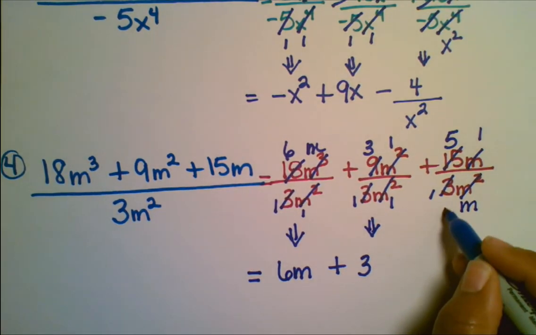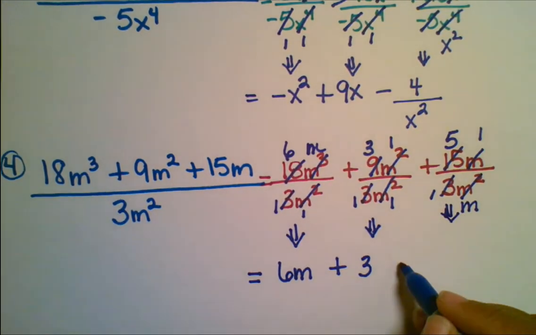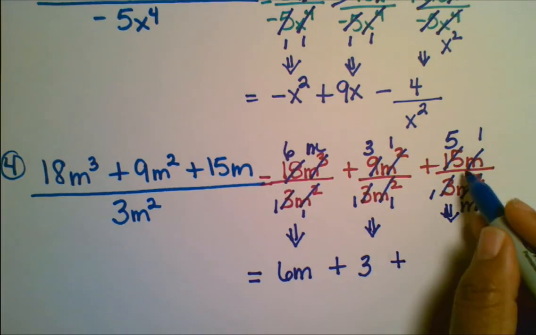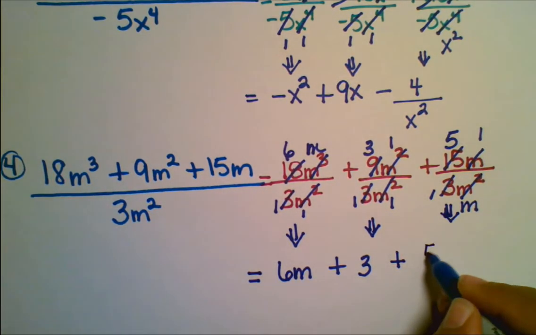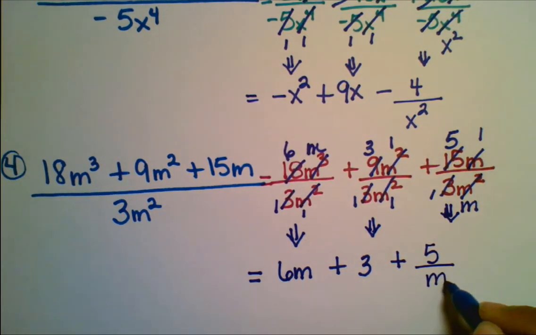So what this is saying here is that our third term, our answer would be in fraction form. So we would say 5 over m. Not 5m, but 5 over m as a fraction. And that is our solution, 6m plus 3 plus 5 over m.